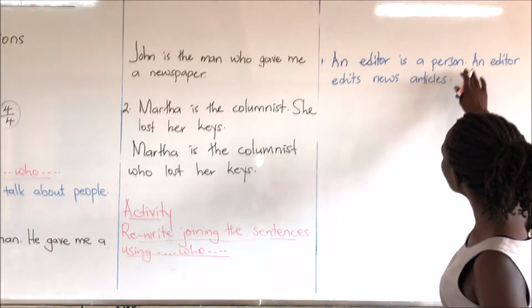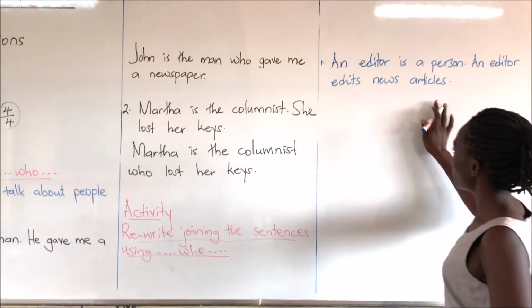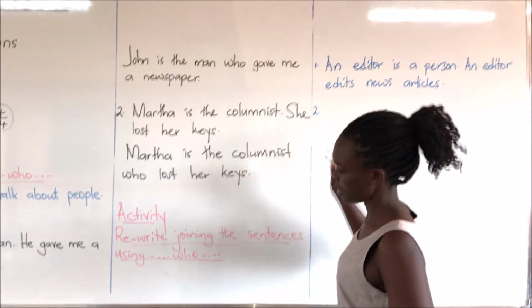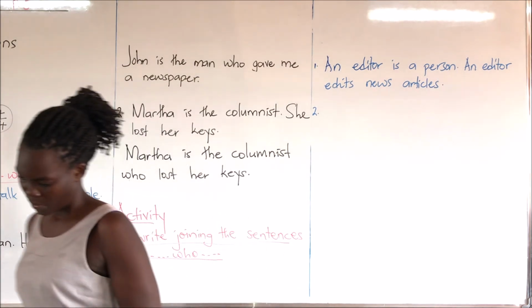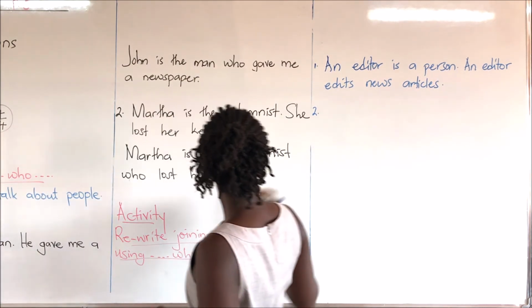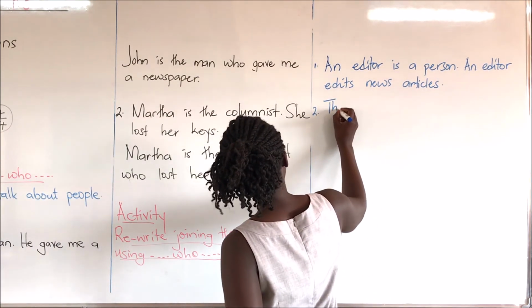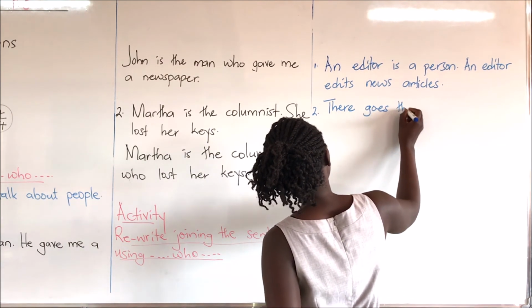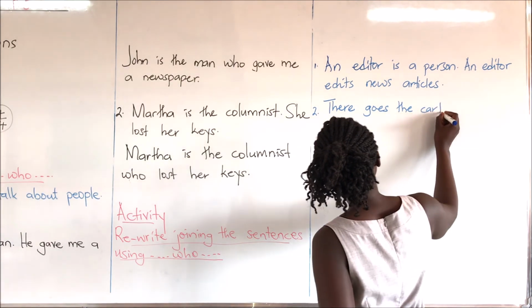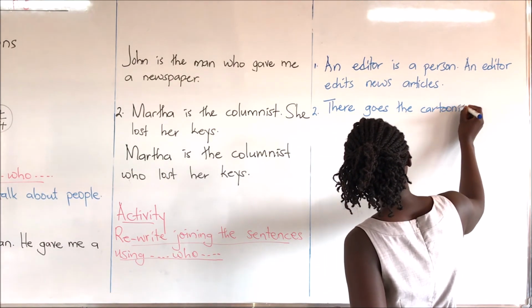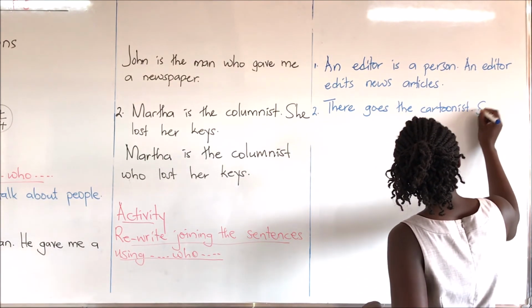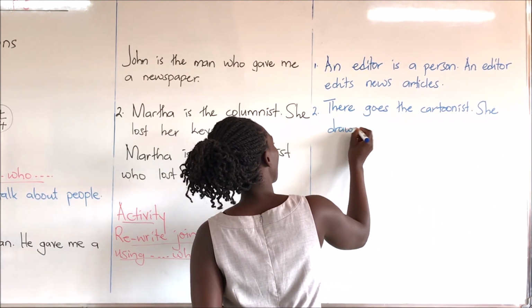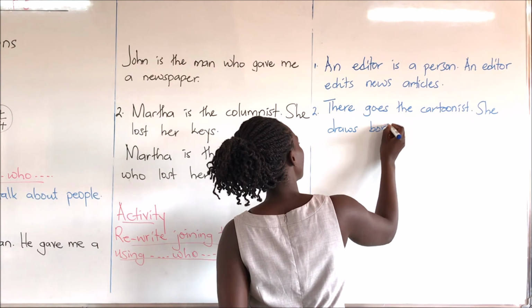An editor is a person. An editor edits news articles. So you're using this relative pronoun to join those two sentences. Number 2. There goes the cartoonist, she draws boring cartoons.